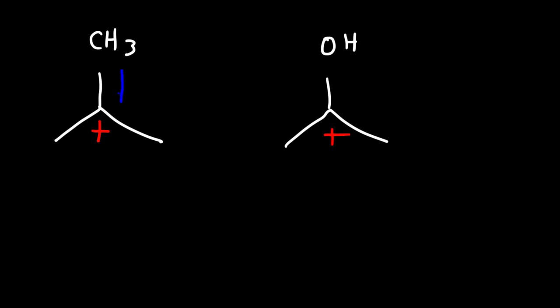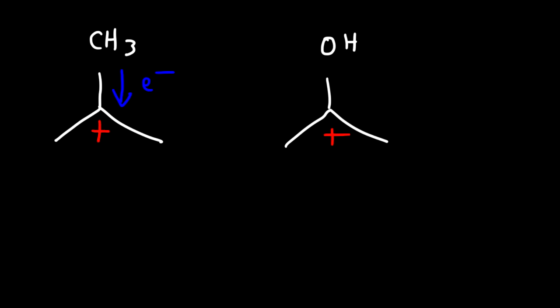The methyl group can donate electron density to the carbocation by means of the inductive effect. Now, oxygen is an electronegative atom, and so oxygen can pull electrons toward itself by means of the inductive effect. And so that's not good. We don't want to take away electrons from a positive charge because that's going to make it more positively charged.